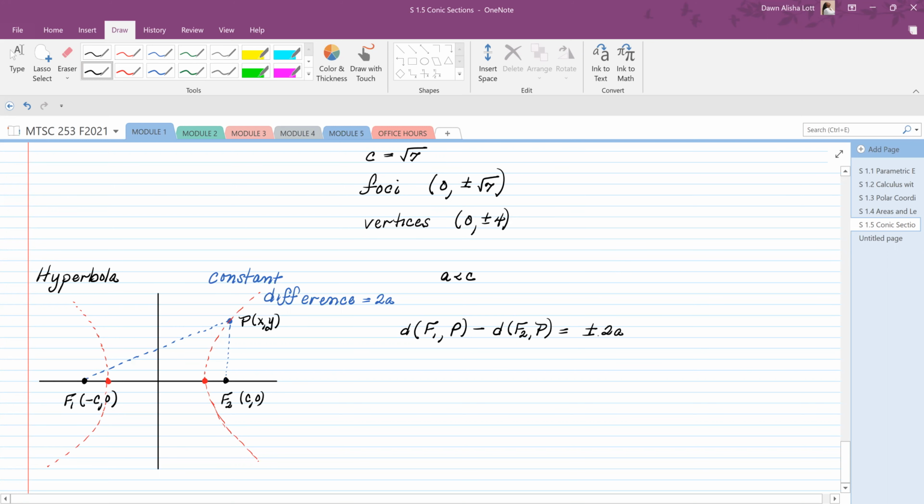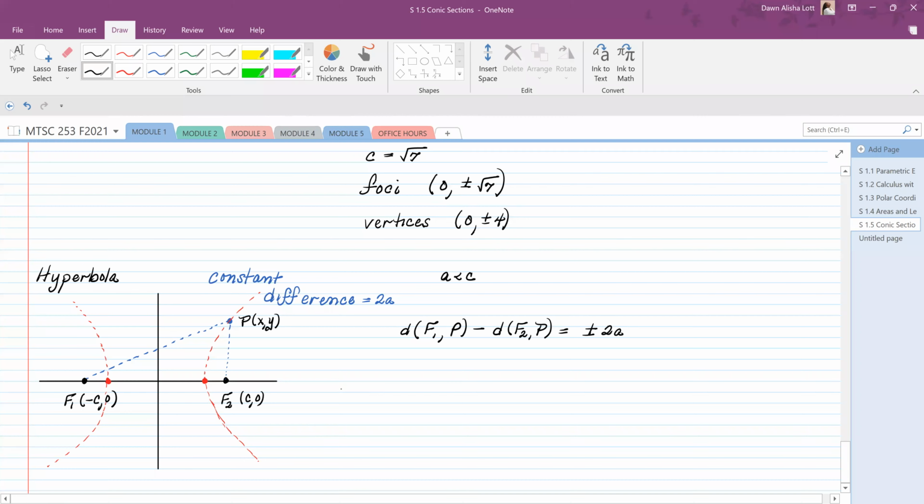So it doesn't matter which way I go. Okay, so if I do the distance from F2 to P minus the distance from F1 to P, just the absolute value of that distance is always 2A. Okay, so again, I'm going to start it, but I'm not going to finish it because it's just plain algebra.